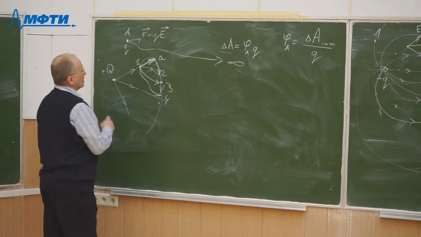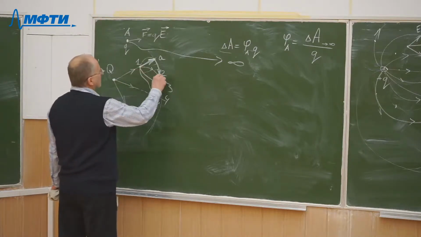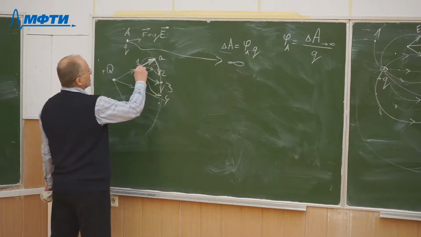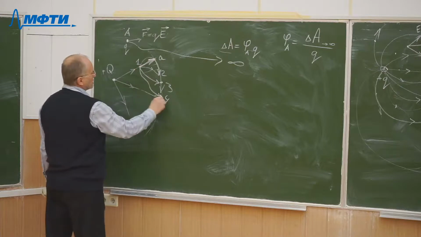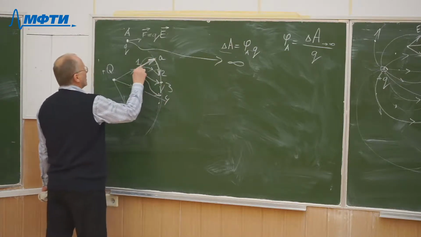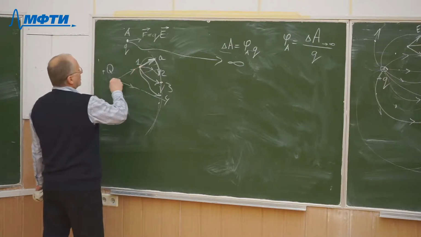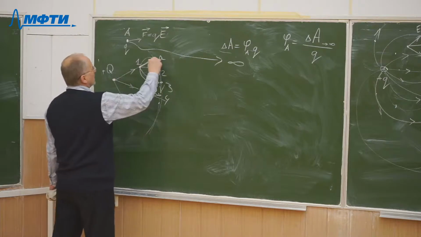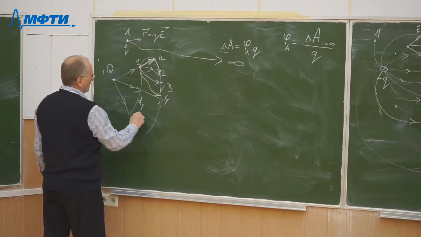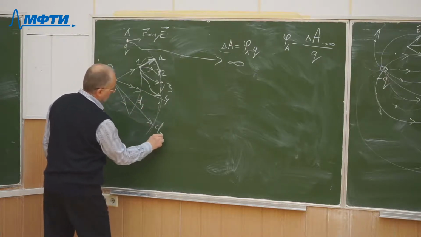So the work performed in an electric field does not depend on the trajectory, in the sense that the work performed on all these trajectories is the same, and the work actually is defined only by the distance of the initial position of the probe charge from the central point charge and the final position. So the initial distance d1 and the final distance d2.